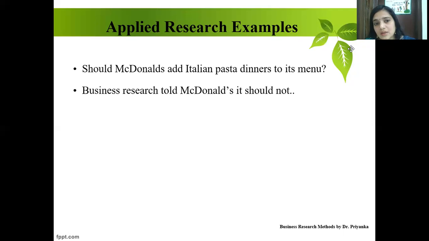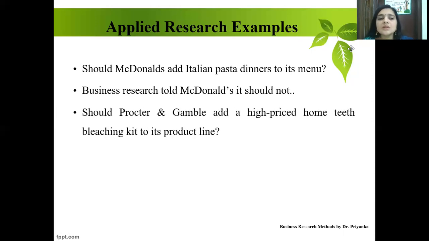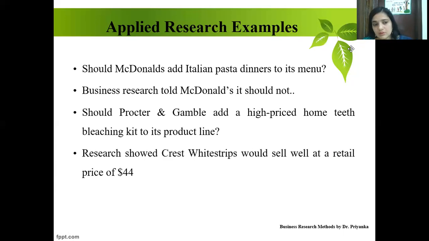The answer came after the research: business research told McDonald's that it should not. Another example: should Procter and Gamble add a high-priced home teeth bleaching kit to its product line? The answer is that Crest White Strips would sell well at a retail price of $44. So research helps a lot sometimes.